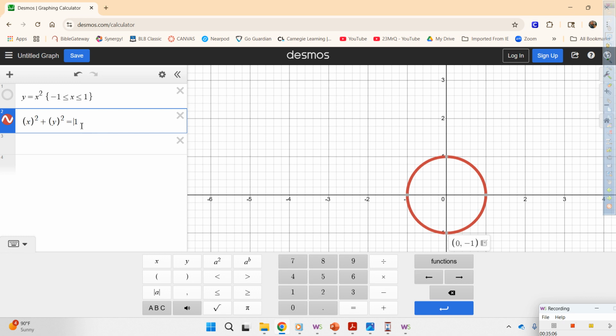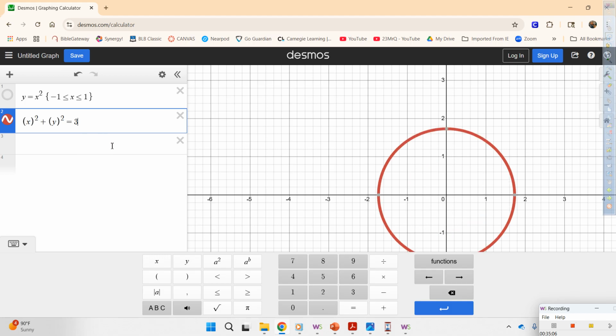So that means to make it bigger, tell your neighbor what to change on that equation. What do we change, Mario? The 1 to what? Give me a number. 3. And so on and so forth.